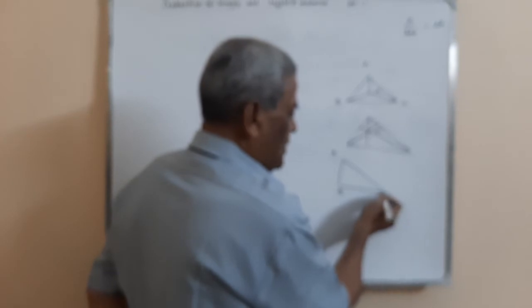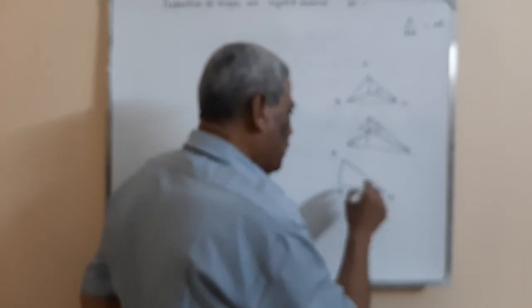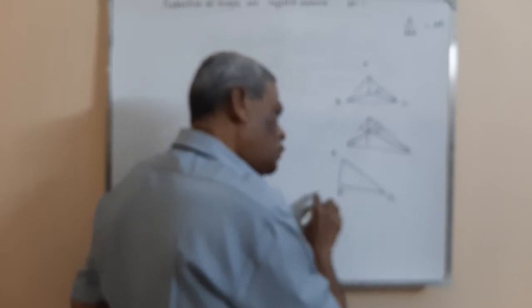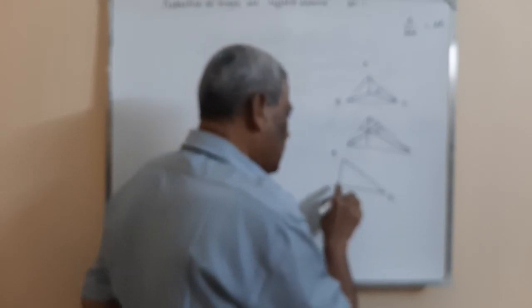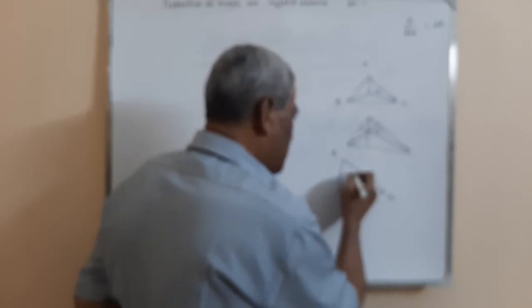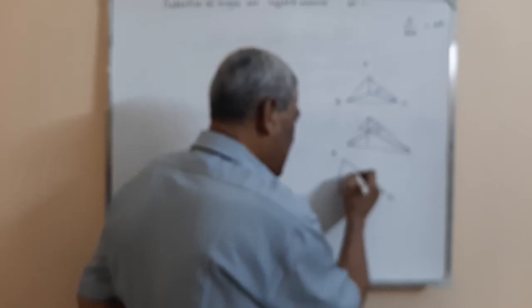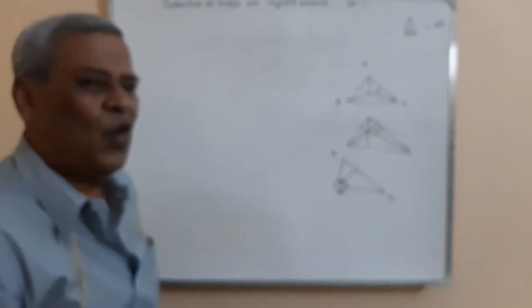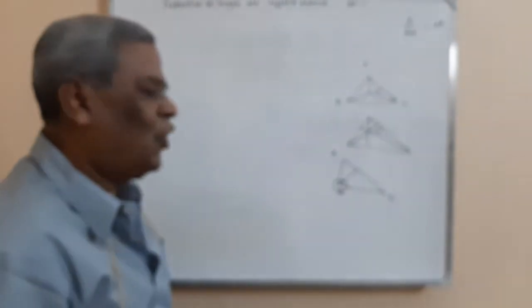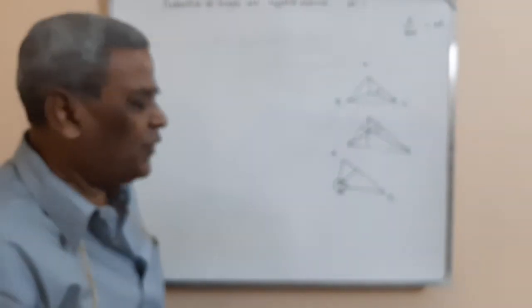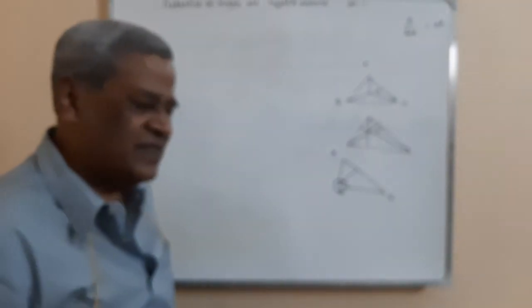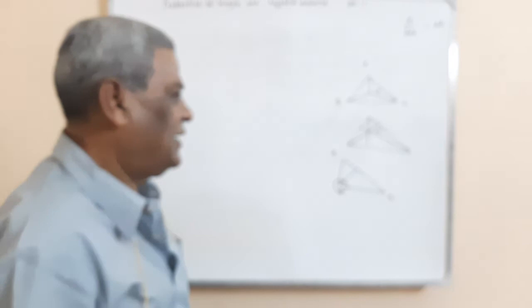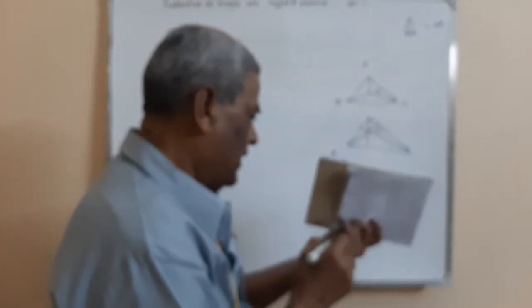From this vertex, the perpendicular drawn on AB is CB. So two perpendiculars meet at the point B. So you see, this is the orthocenter of a right angle triangle, and the orthocenter is the vertex containing the 90 degree, containing the right angle.